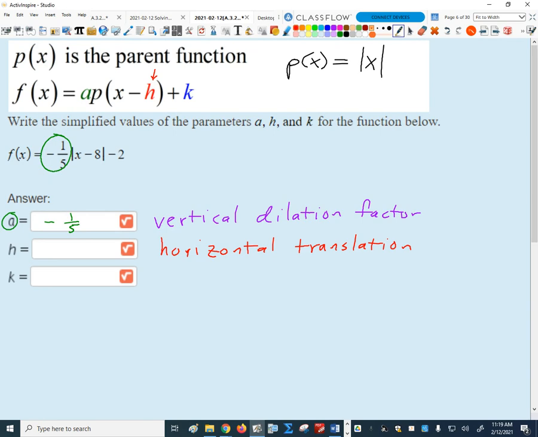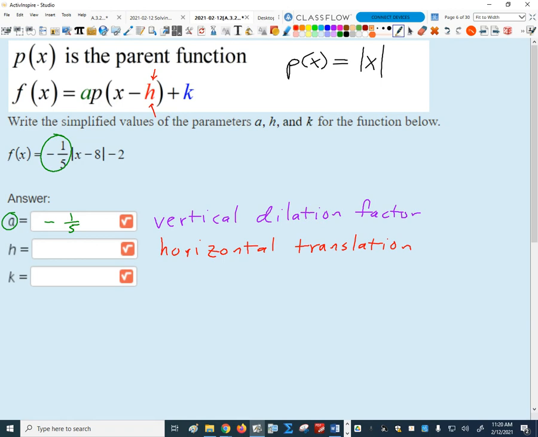I'm getting 8s and negative 8s. Now I want you to think about it this way. What value would I have to plug in for H in order to get X minus 8 in my expression up there for f of X? Wouldn't I be plugging in an 8? Would everybody agree it's a positive 8?